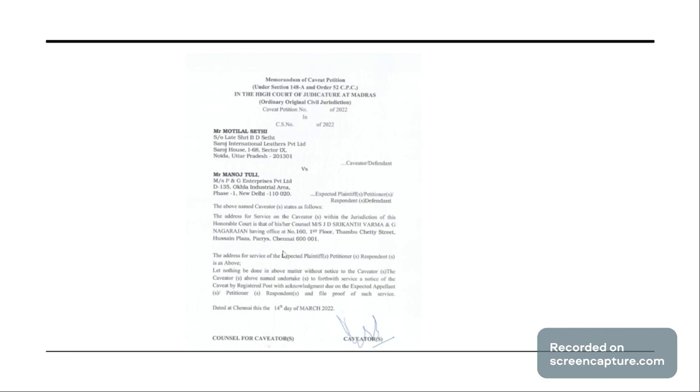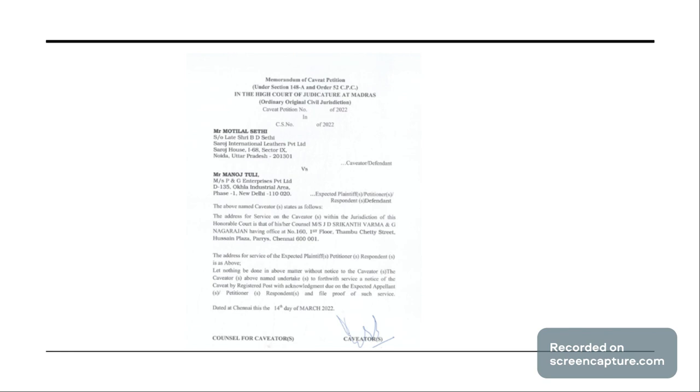Here you can see the caveator name, the defendant details, the plaintiff details, the address at the jurisdiction level, where the caveator signature is added, the date, and the number.